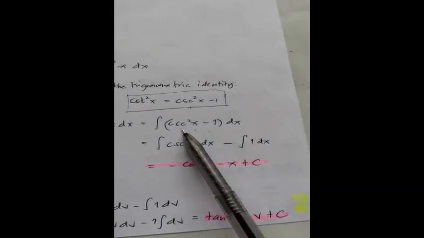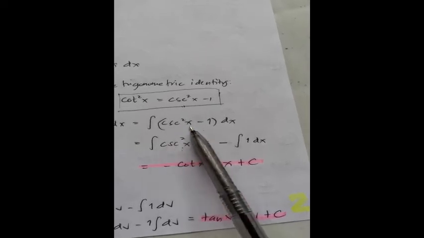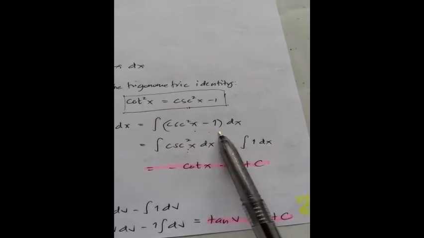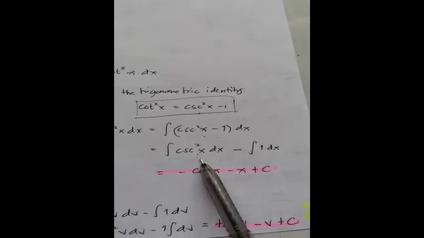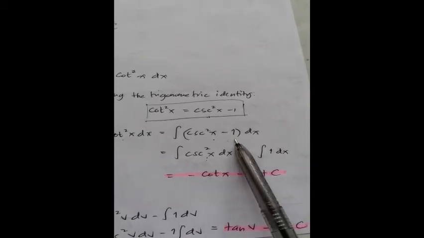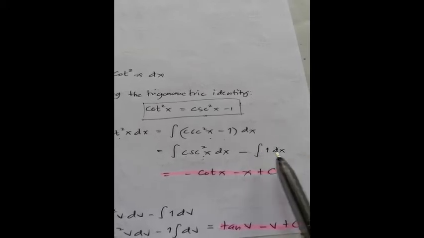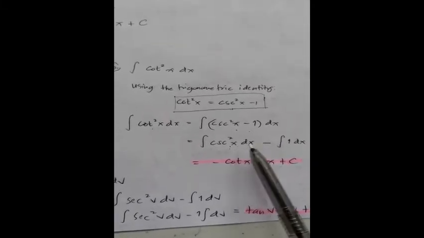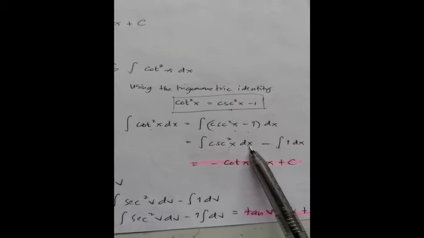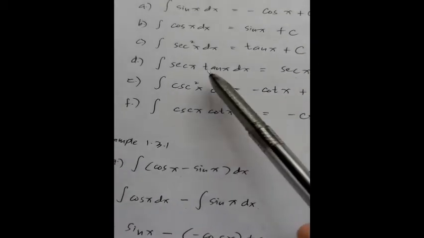So, cosecant squared x dx, pinaghiwalay muna natin to, integrate natin first term, integrate din natin si second term. So, we have the integral of cosecant squared x dx minus, di ba may 1 tayo doon, minus the integral of 1 dx. So, cosecant squared x dx, doon sa formula natin, ang integral niya is the negative cotangent x plus c.